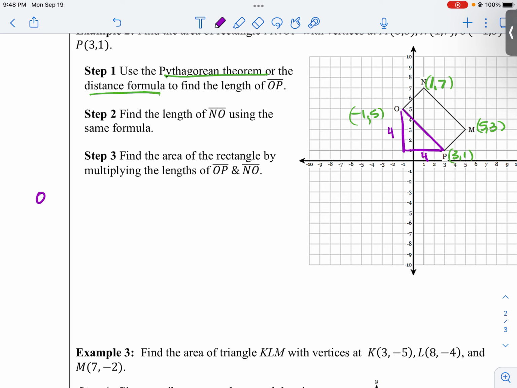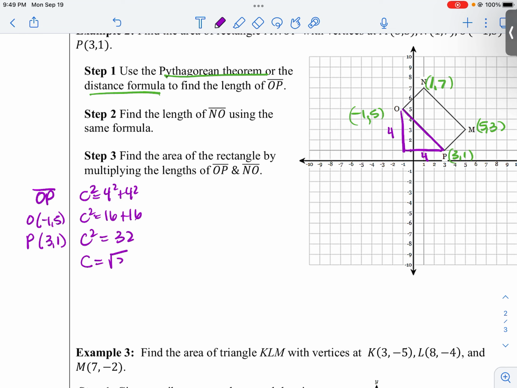So to find OP, where O is -1, 5, and P is 3, 1, c squared equals 4 squared plus 4 squared. C squared equals 16 plus 16. C squared equals 32. So c equals the square root of 32. And we're going to leave them in ugly radical form until we get simplified.